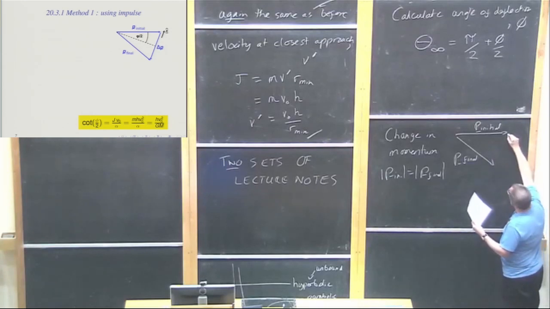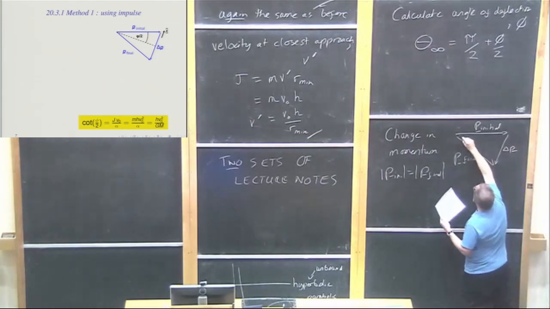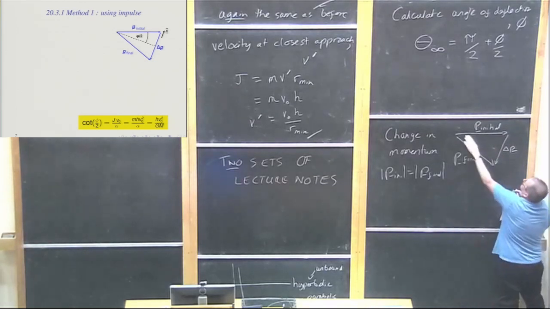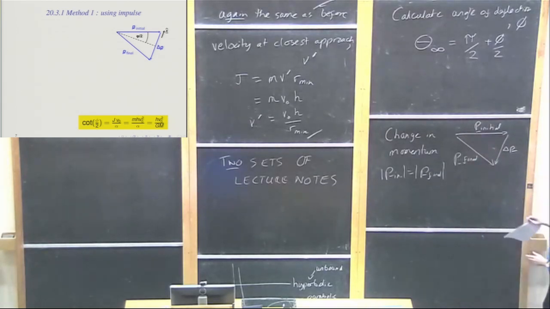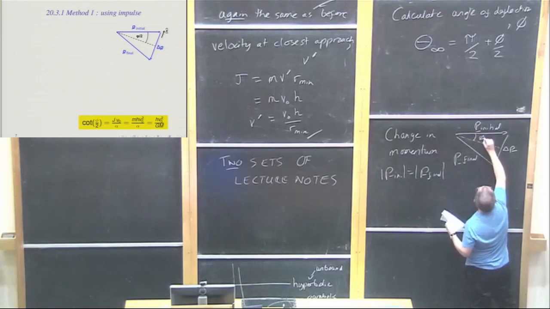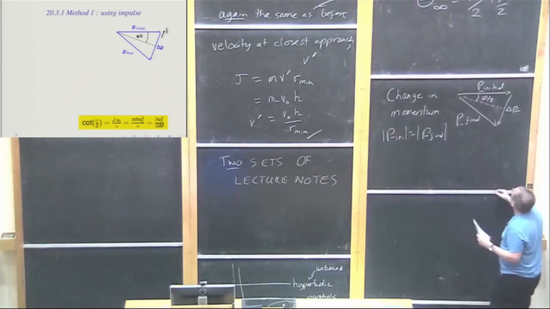So there's a change of momentum here, delta P, and that's related clearly to the scattering angle. So this is phi here, but it's useful to draw two right-angled triangles, each of which has an angle there which is phi over 2.